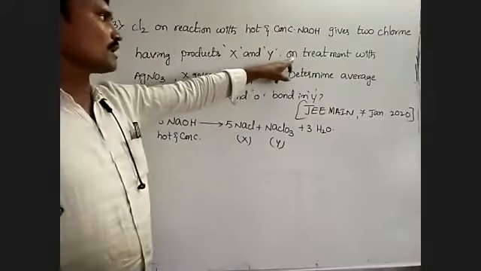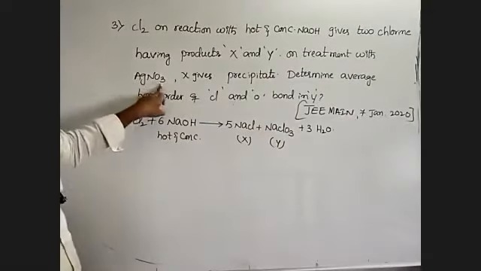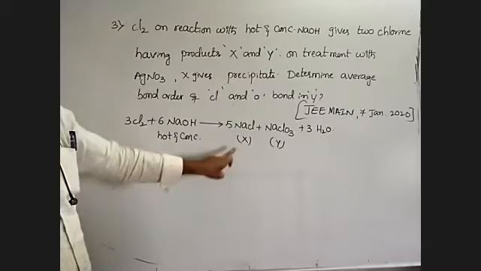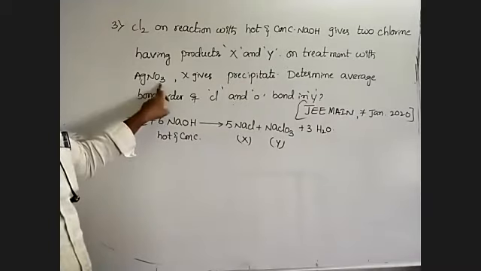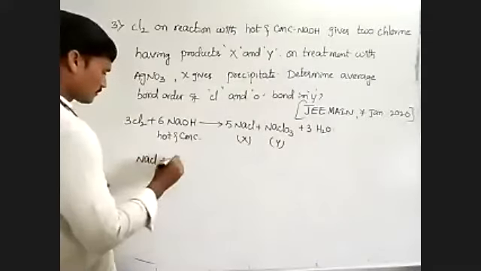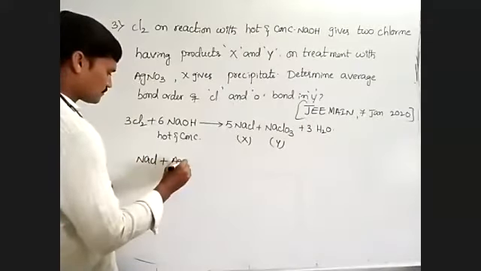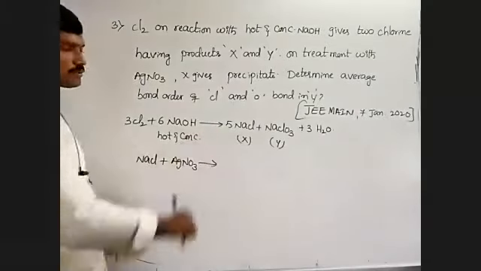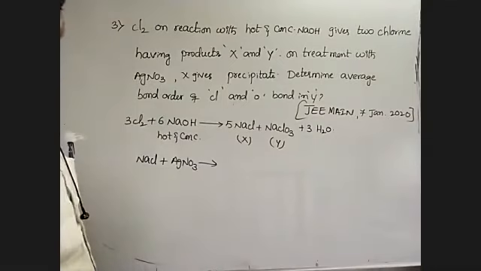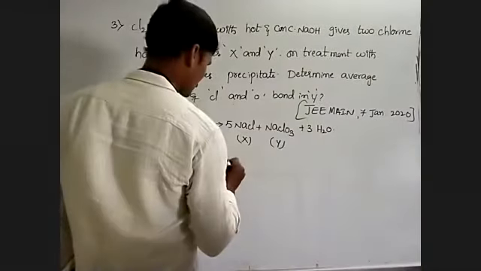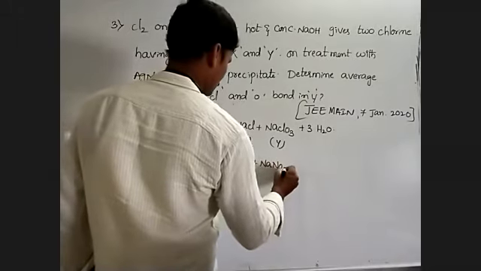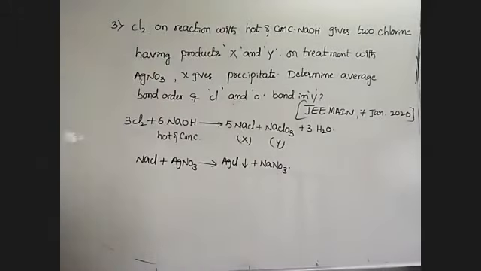On treatment with AgNO3, X gives a precipitate. When compound X, NaCl, combines with silver nitrate, it forms silver chloride precipitate and sodium nitrate.